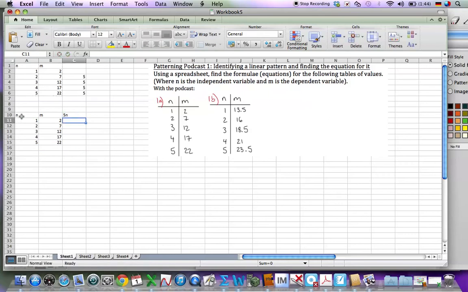I'm going to list 5n because I know that will be part of my formula. So I'm going to type in equals 5 times 1 and equals 5 times 2, and to avoid typing I'm going to extend. So here I have the 5 times table, the 5n part of the formula.